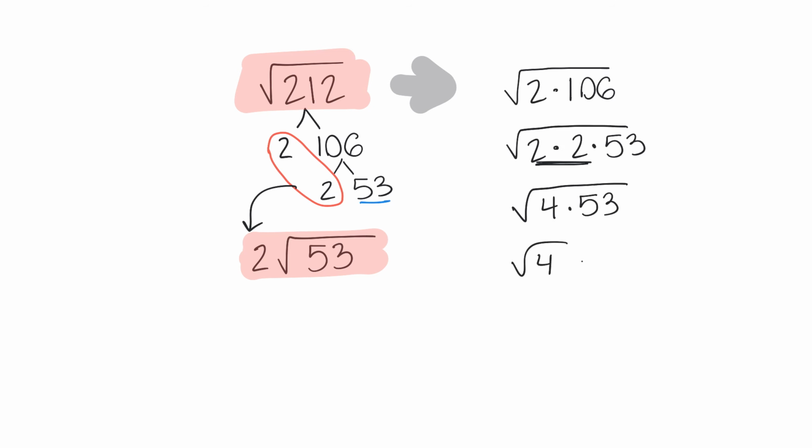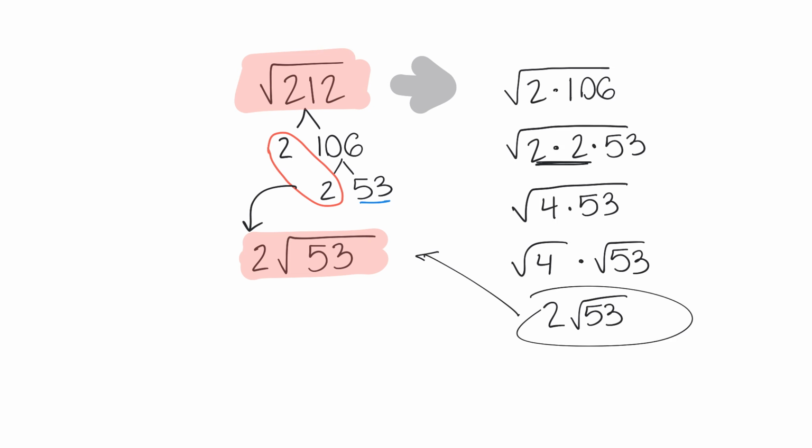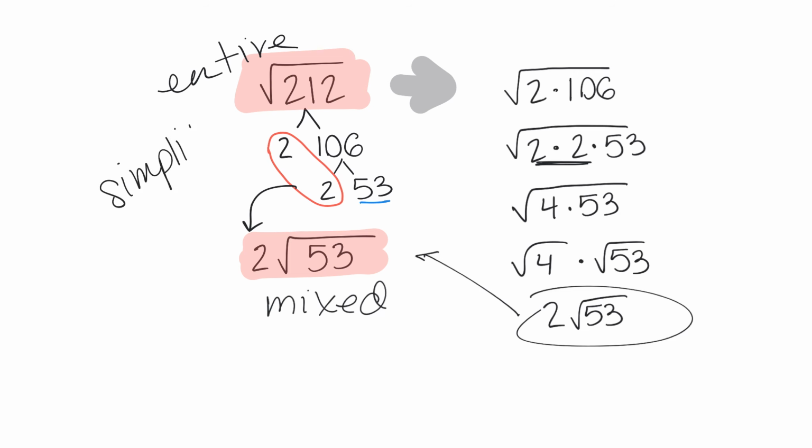So the square root of 4 times the square root of 53, well, the square root of 4 is 2. The square root of 53 is not perfect, so I leave it inside the radical. But either way, I end up with the exact same thing, which is 2 times root 53. Okay, so again, mixed radical, entire radical. This process is called simplifying.